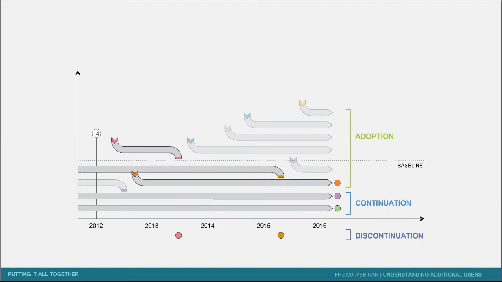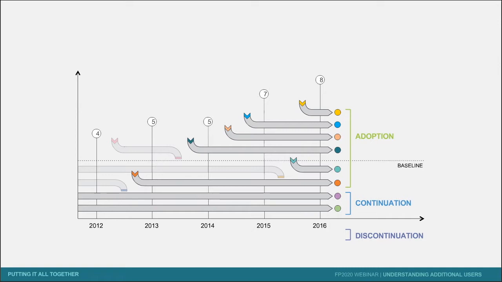And this means there are now 5 users of contraception in 2013. If we continue adding and subtracting in this way to 2016, we can see that there are 8 users in 2016.